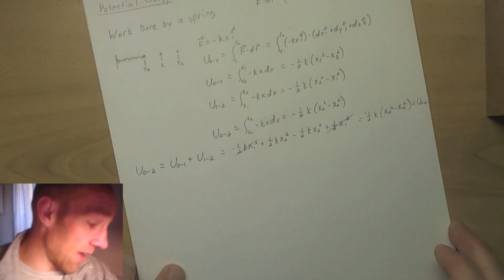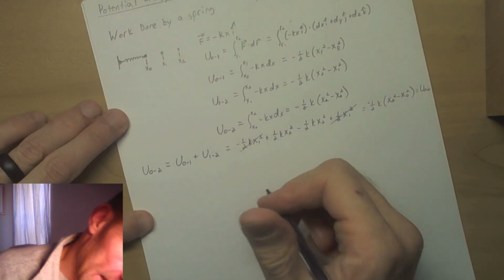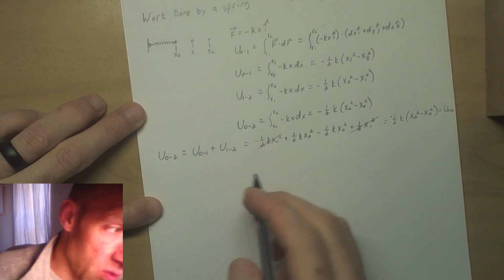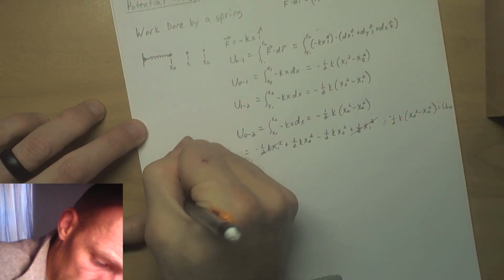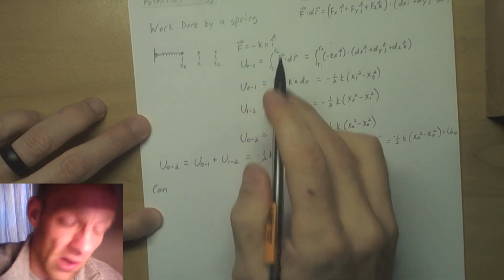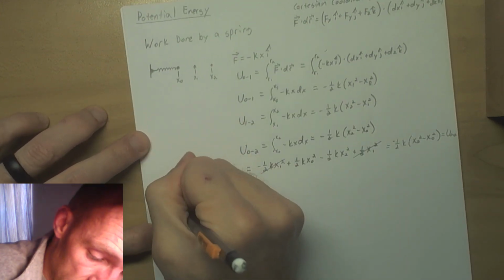And the implication there is that the spring is what's called a conservative force. This spring force, defined by this relationship, is called a conservative force.